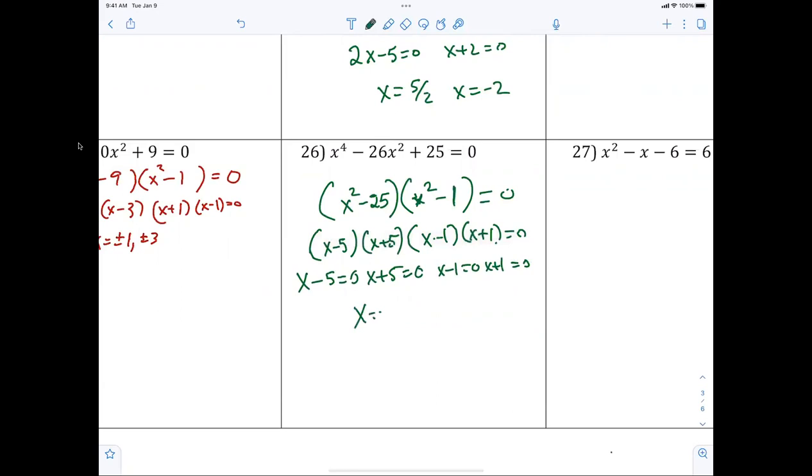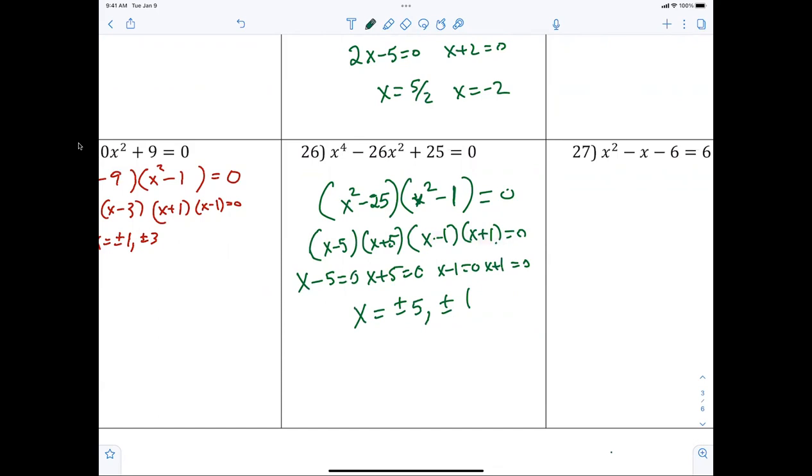So then we're writing x is equal to plus or minus 5 and plus or minus 1. And there's all four solutions.